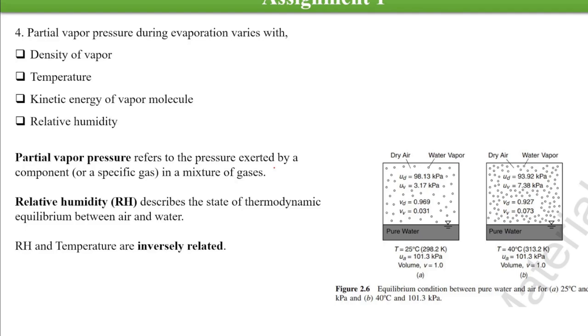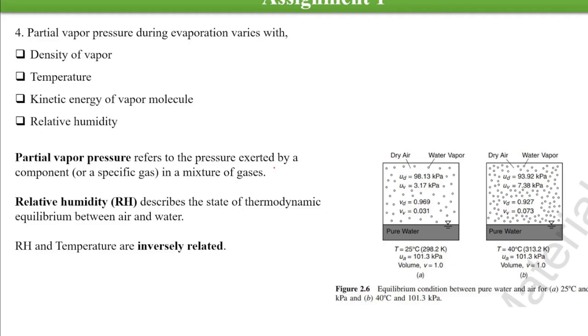The pore air pressure is all atmospheric pressure, that is the same in both, and the volume is the same in both. But you'll see that for the first case, the temperature is low, so fewer vapors are there in the environment, and for the second case, more vapors are there in the environment, right? So from here we can see that the vapor pressure mainly depends on the temperature.